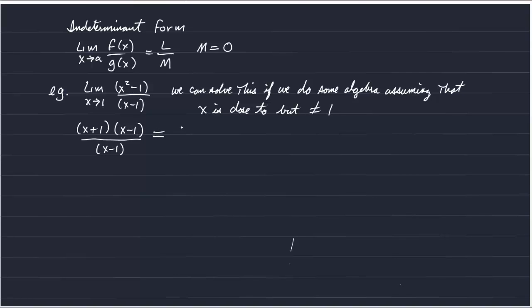And this becomes, when x is not equal to 1, but is close to 1, then the function is very close to, well, it's x plus 1. So the limit as x goes to 1 of our function is equal to 2.